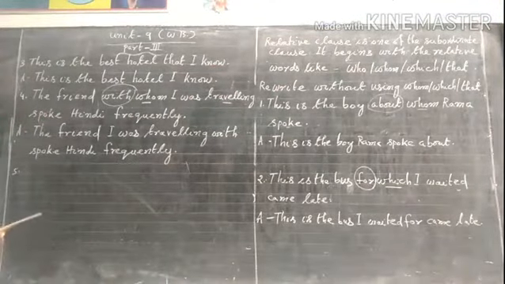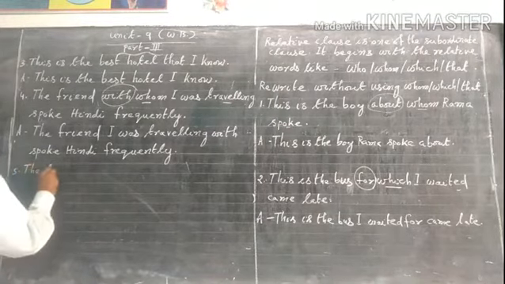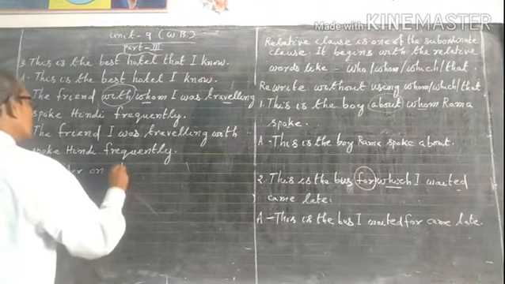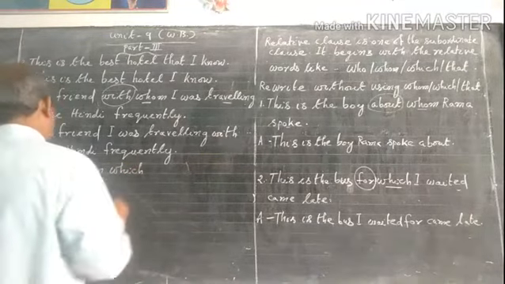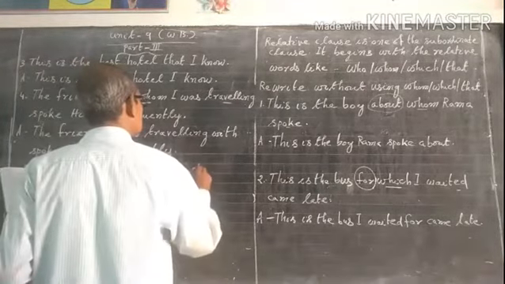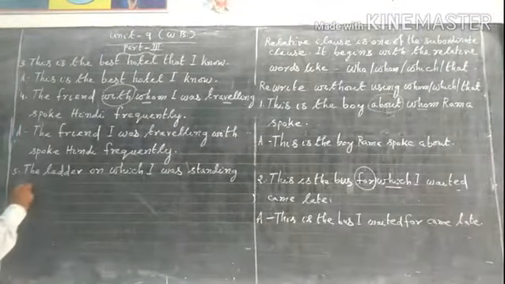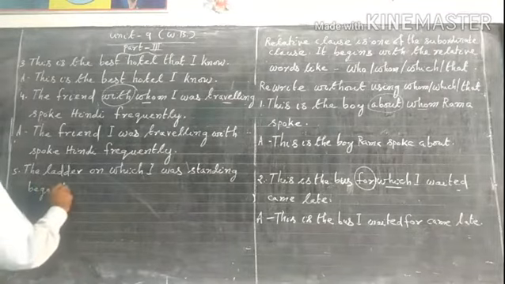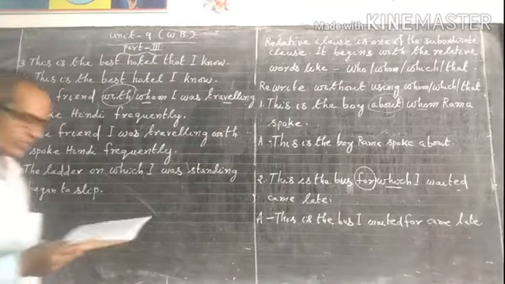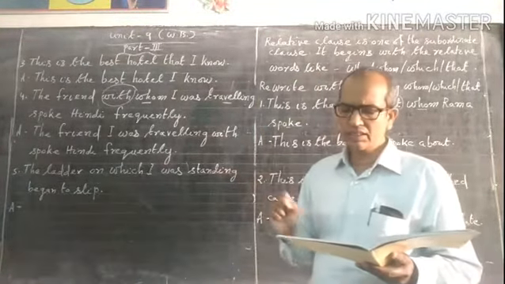Number 4 and 5 are most important for the annual examination. Then 5. Number 5 is: the ladder on which I was standing began to slip. Look at this sentence.